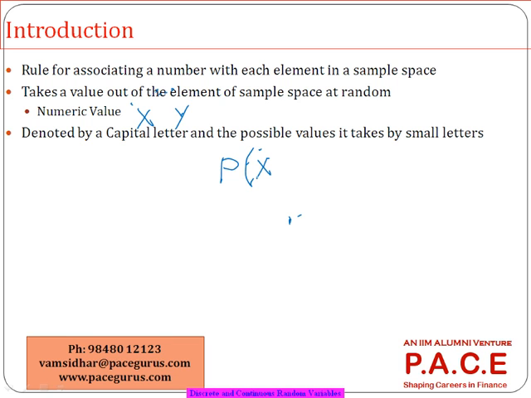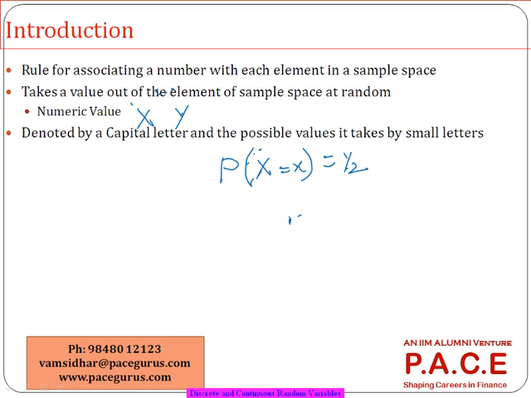So generally if I write something like this, what does this mean? The probability that a random variable X takes a value equal to some x.